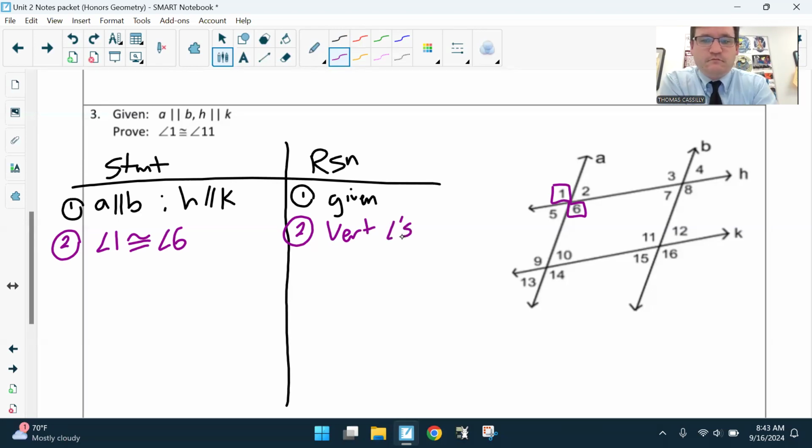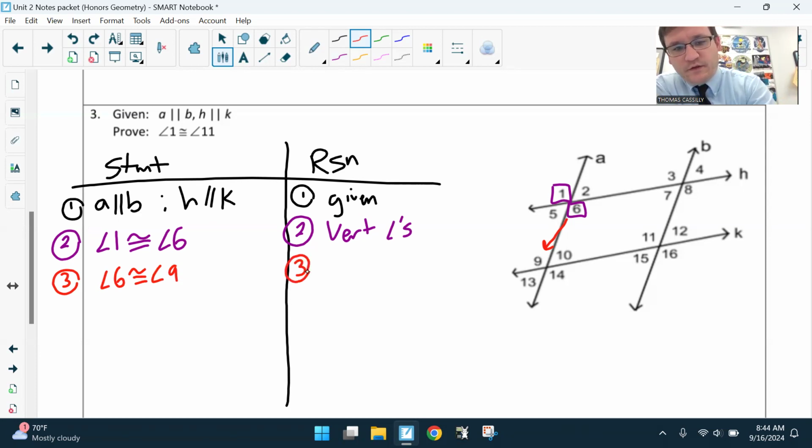So now, what can we do? I'm going to go from 6 to 9. So step 3, angle 6 is congruent to angle 9. Why do I know that? Because angle 6 and angle 9 are alternate interior angles.